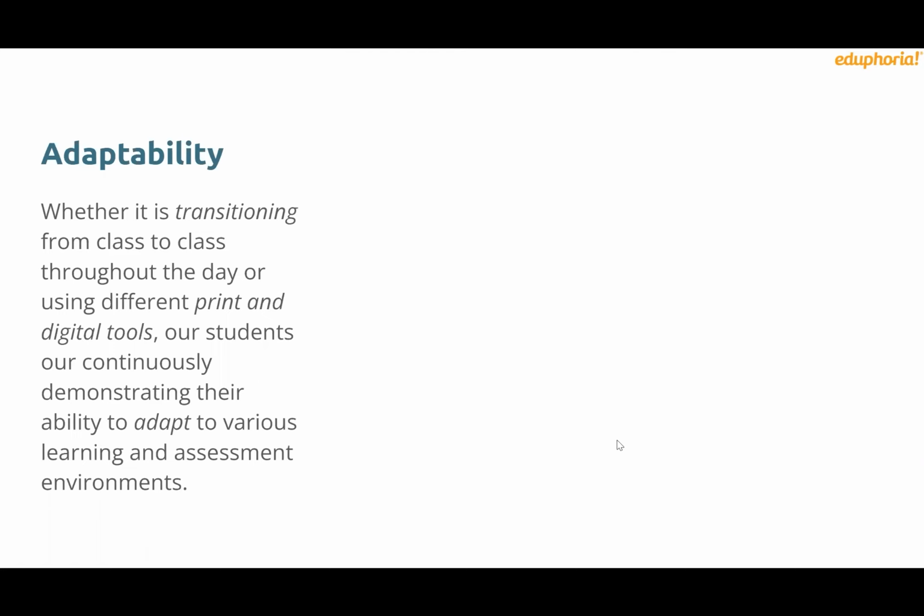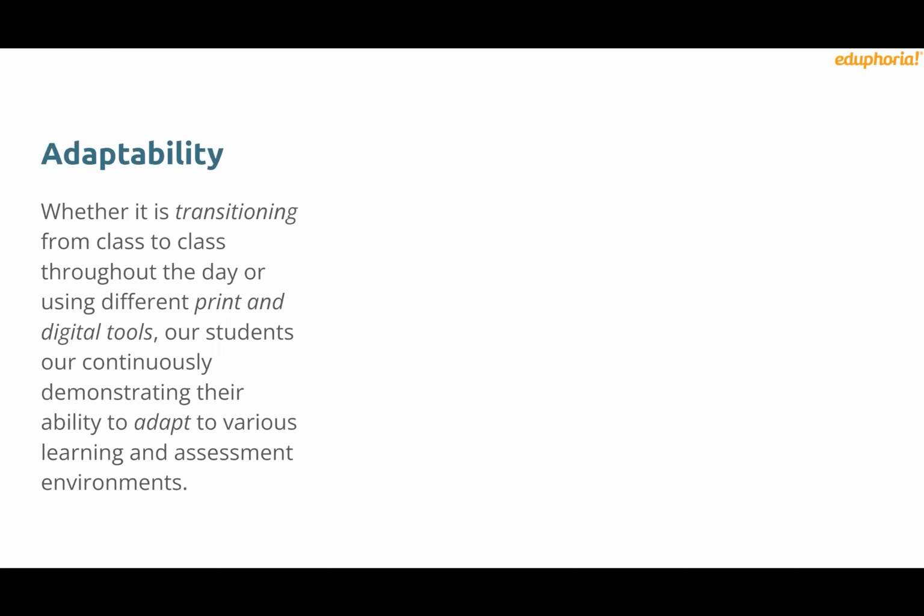They're going back and forth between print and digital tools throughout the day, depending on what it is they need to practice or how they might need to demonstrate their learning, or even experience a learning opportunity. Sometimes that's going to be on paper, and sometimes we're going to put them on a computer or an iPad or a Chromebook for them to gain some valuable experiences.